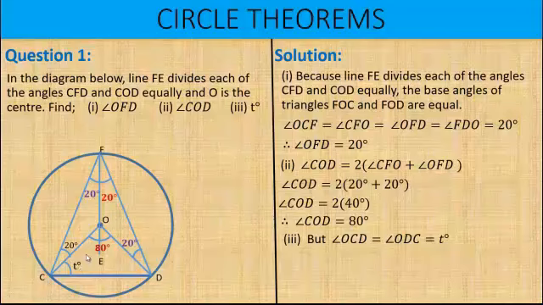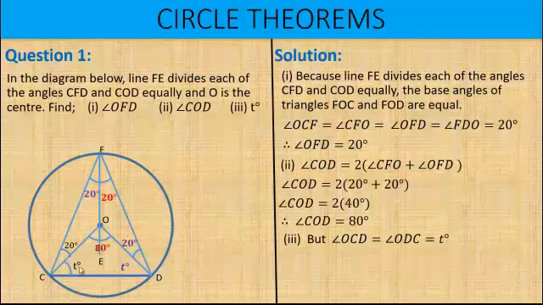and we all know that triangle COD is an isosceles, and therefore the bases are equal. So angle OCD is equal to angle ODC, and that is T degrees. So the base is T degrees, and that is shown on your screen.